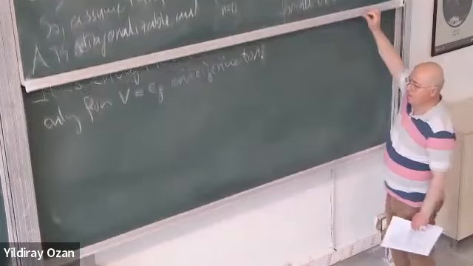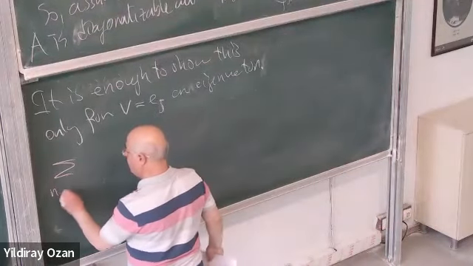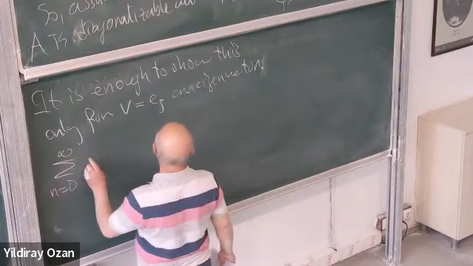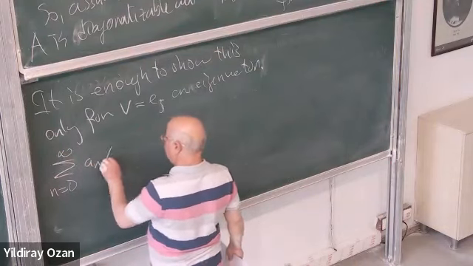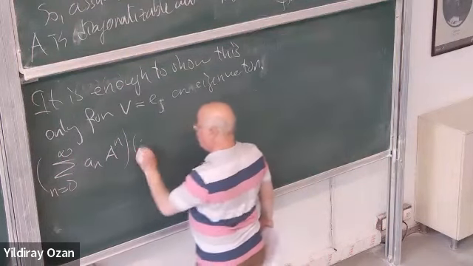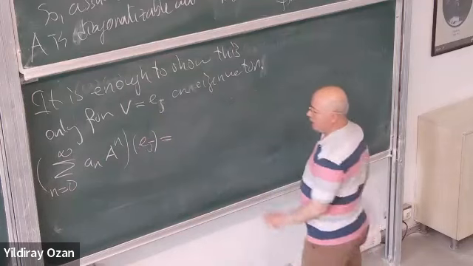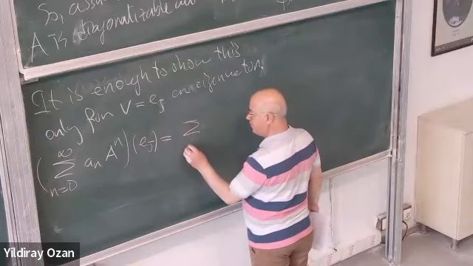All right. So let's start with the left hand side: a_n times A to the power n, evaluated on e_j. Well, what is this?